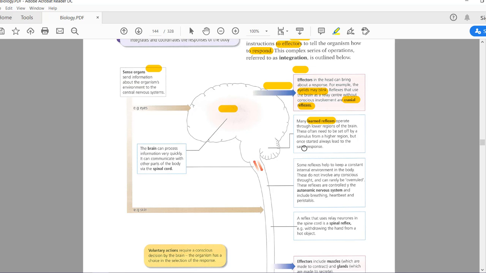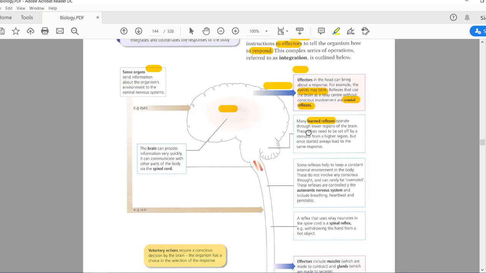But once you do this order, once your muscles start moving, then you will see the muscles are just moving by themselves. What happened here? It's a learned reflex.